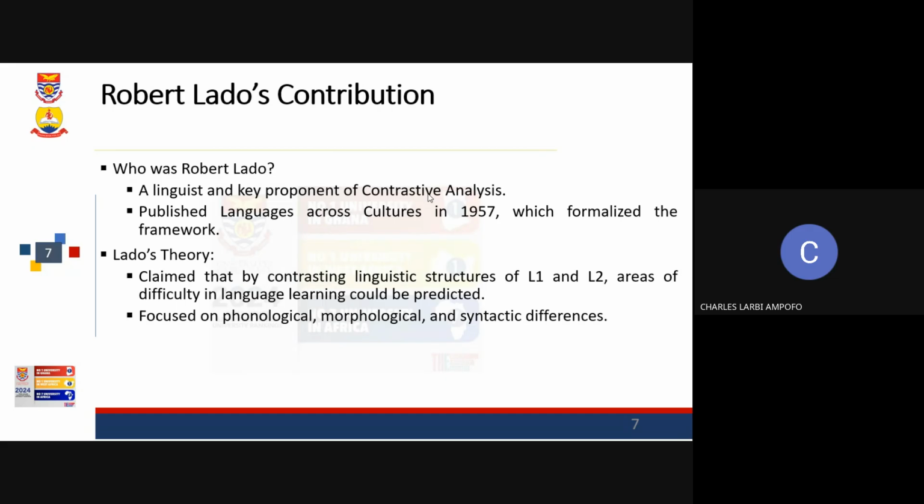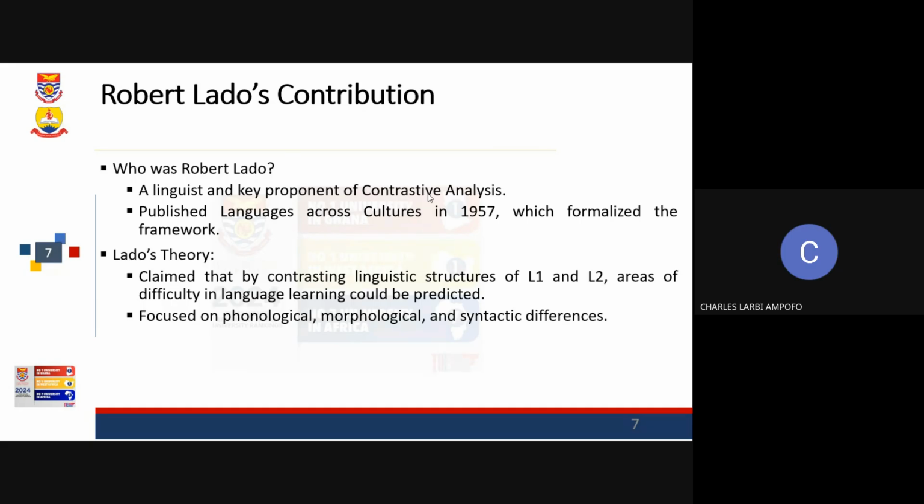So if they want to teach a language, they approach language teaching by looking at the structure of that language. So we look at these structures: grammatical structures, morphological structures, and phonological structures. So Lado's idea was that if you want to teach a language, you must compare the languages, their structures.